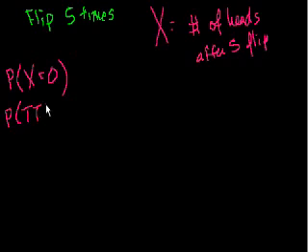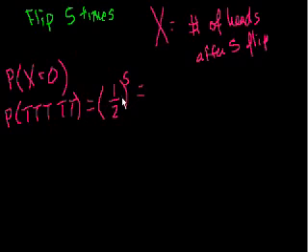This is a bit of a review of probability. You'd have to get all tails. And what's the probability of each of these tails? It's 1/2. So you'd have 1/2 times 1/2 times 1/2 times 1/2 times 1/2, so it'd be 1/2 to the 5th power, which is 1 to the 5th, which is 1, over 2 to the 5th, which is 32.